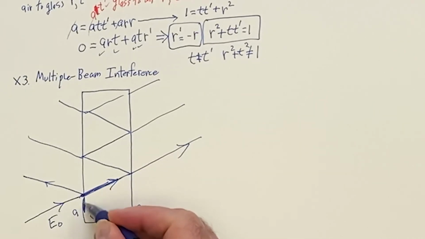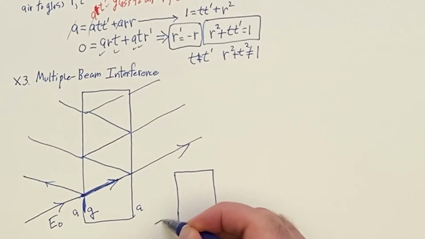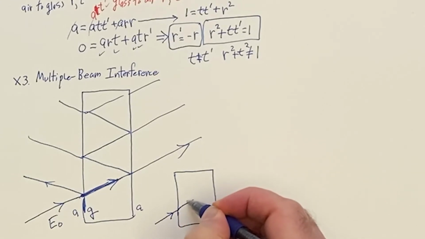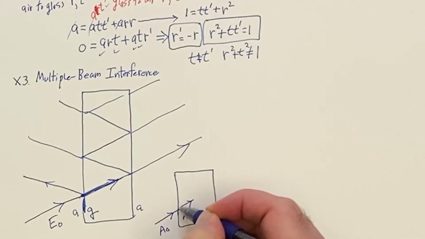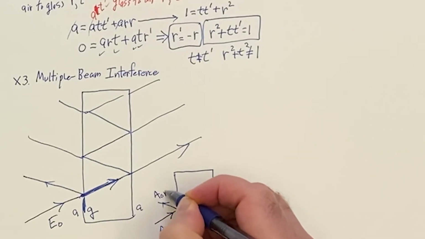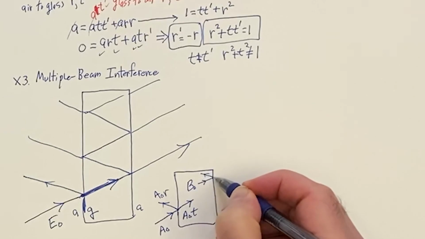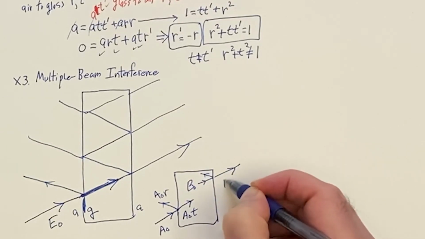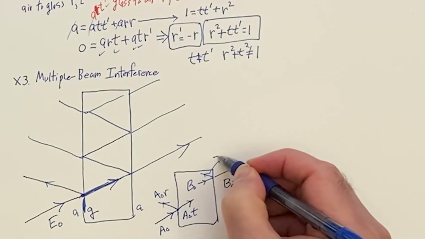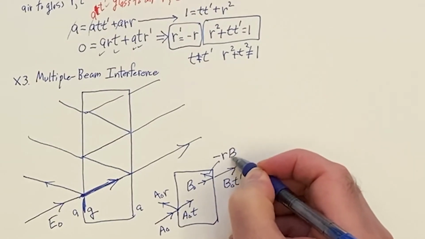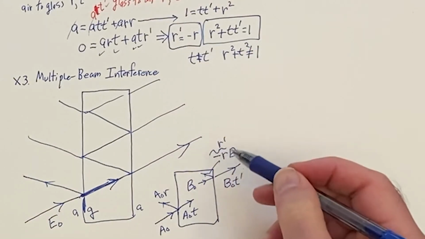Remember, when you go from air to glass, if we have a little inset here to remind us of the rules, if this is A naught, this is going to be A naught times T, and this one's going to be A naught times R. But if you're on the inside, say some B naught, and you're going out this way, then it's going to be B naught T prime, and for the reflection, it'll be B naught times minus R, because remember that this is the R prime, which we have from earlier.